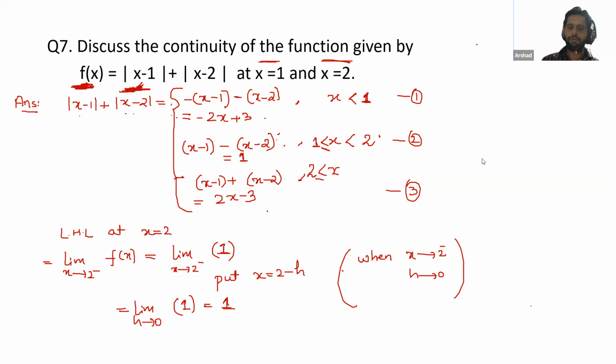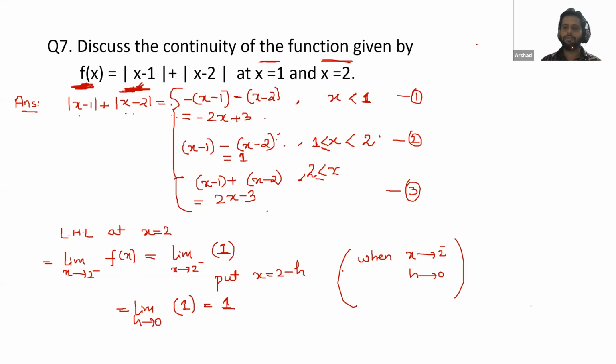Is it clear, Fahad? Fahad, is it clear? x tends to 2, Fahad.